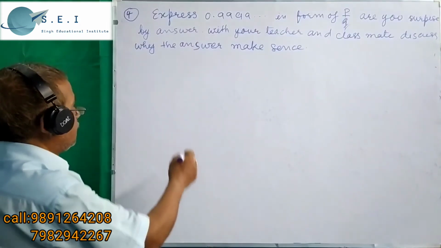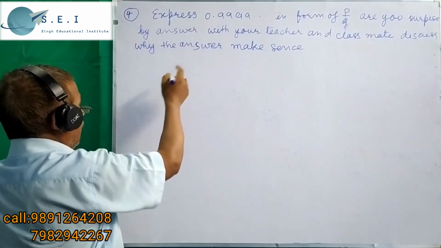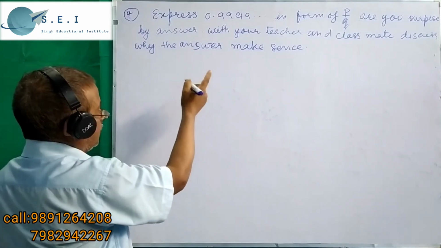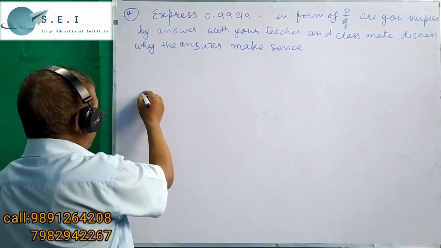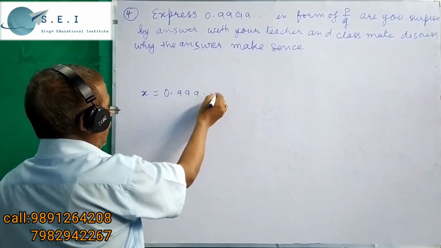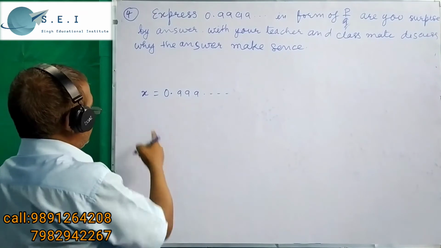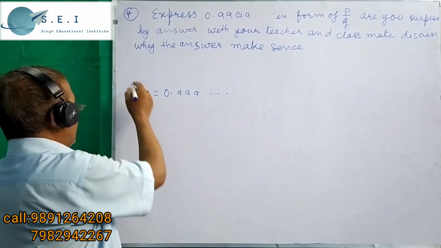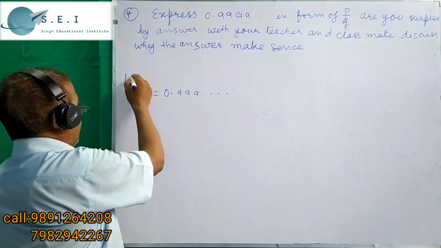First of all, we find the value of, or represent, 0.999 in terms of p by q. So write x is equal to 0.999 and so on. Since the repeating digit is one, multiply it with 10.